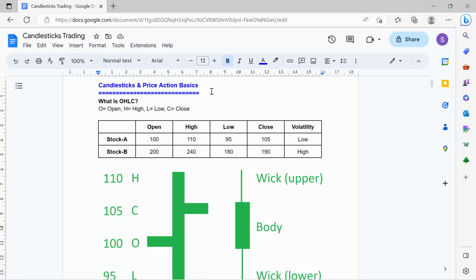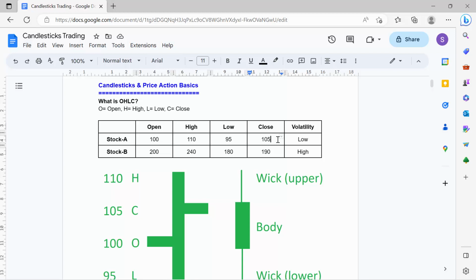Let's see. We have two stocks, stock A and stock B. For stock A, the open price is 100, high price is 110, low price is 95 and close price is 105. So what can we learn from OHLC? Number 1, stock A closed at 105, which is 5% higher at the end of the day. Number 2, the sentiment is bullish since it closed higher.